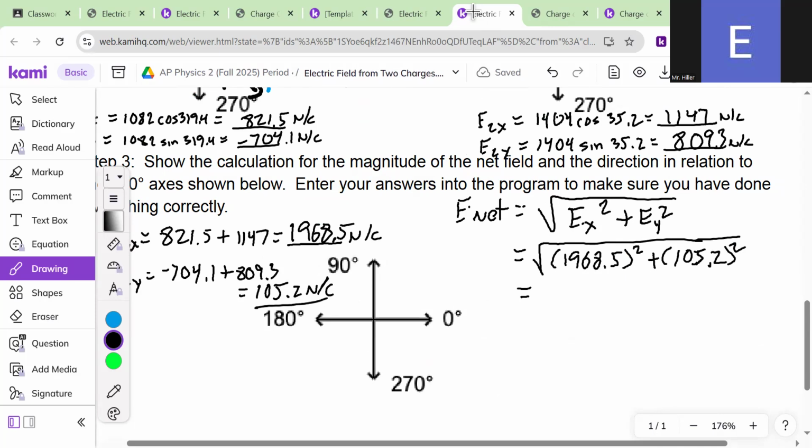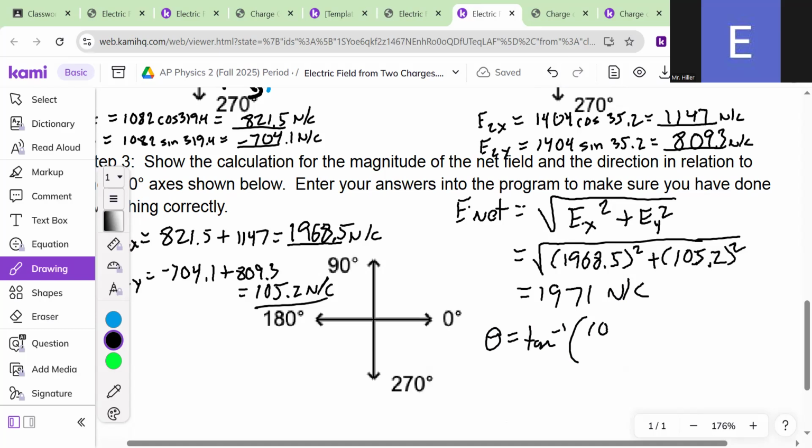At this point, probably want to pause the video and figure out your net field. I'm getting about 1971 newtons per coulomb.